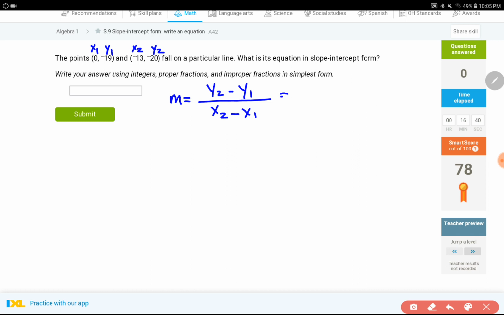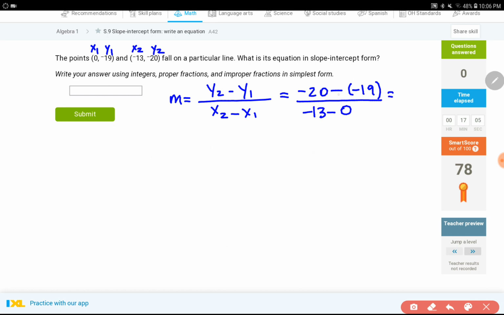From this point on, we are plugging the numbers in. For y2, I'm plugging in negative 20. And then I have a minus from the formula. The y1 value is negative 19, so there is supposed to be another negative over here. Divided by the x2 value, negative 13, minus comes out of the formula, and then x1 equals 0.